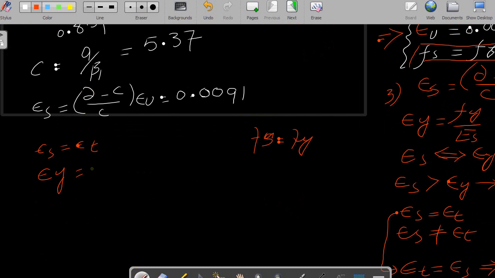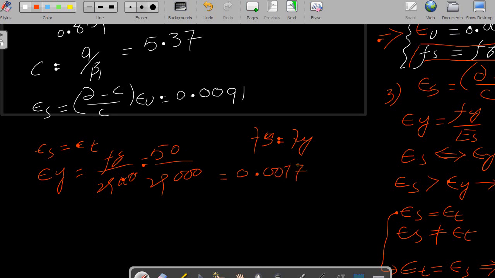For this we will find the epsilon y value. Epsilon y is calculated as fy divided by Es. Here we plug in the value 50 ksi and 29,000 ksi, and from this you will get the value of 0.0017.